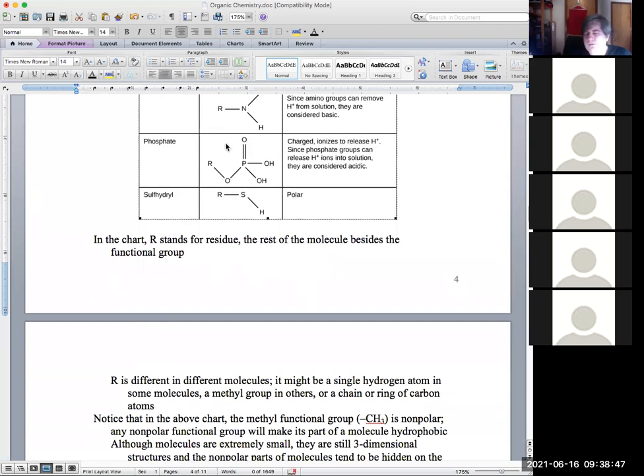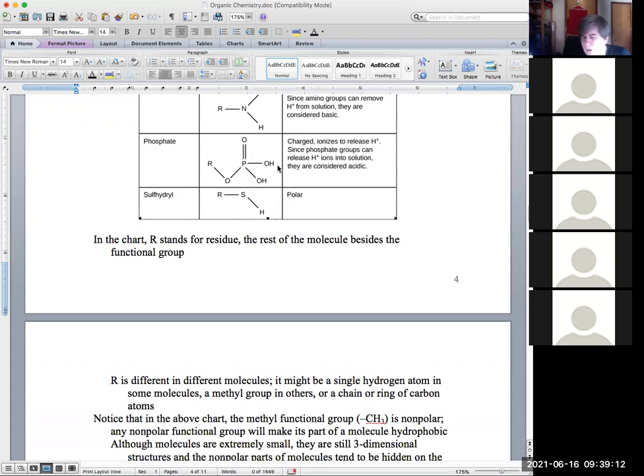Now, the phosphate group is a phosphorus atom with 4 oxygens attached. And then one of the oxygens is attached by a double bond. 2 of the oxygens can have OHs, and the 4th oxygen is connected back to the R, to the rest of the molecule.